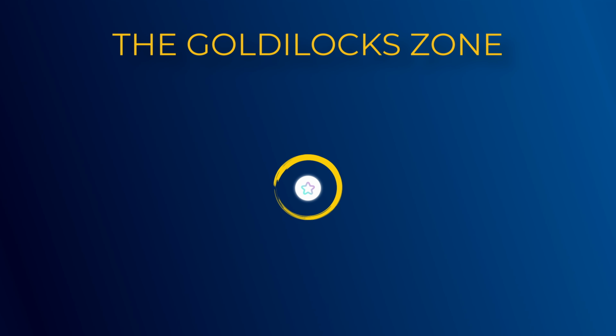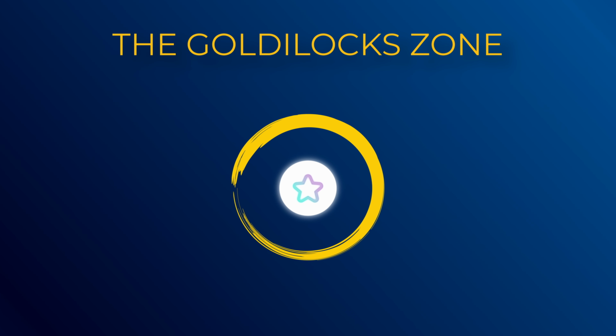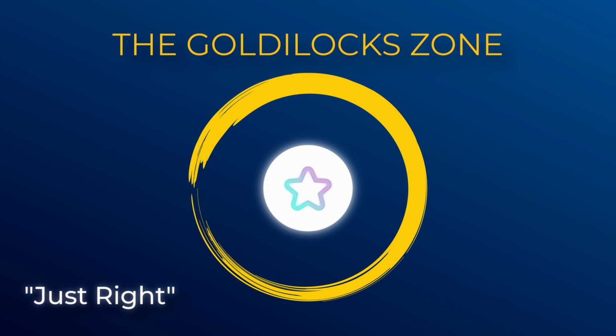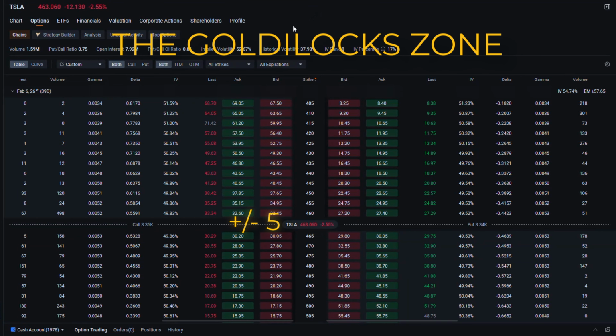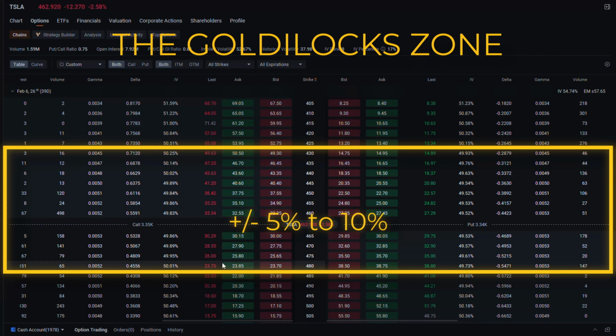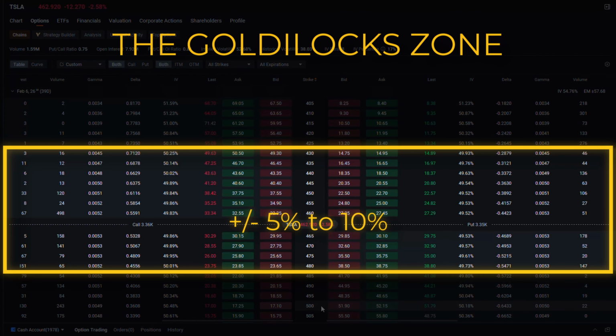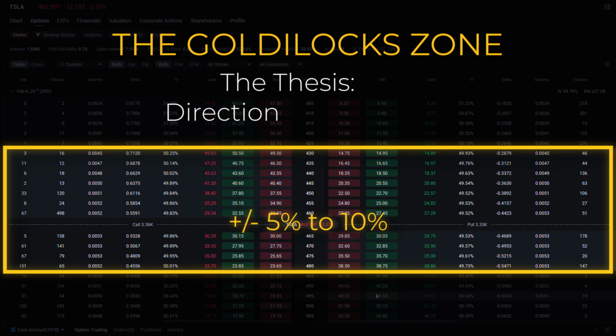So, which strike do you actually pick? Welcome to the Goldilocks zone. Nothing too close, nothing too far. If Tesla's trading at $455, you should be looking at strikes between 430 and 480. Before you pick a strike, ask yourself, what move do I actually expect?